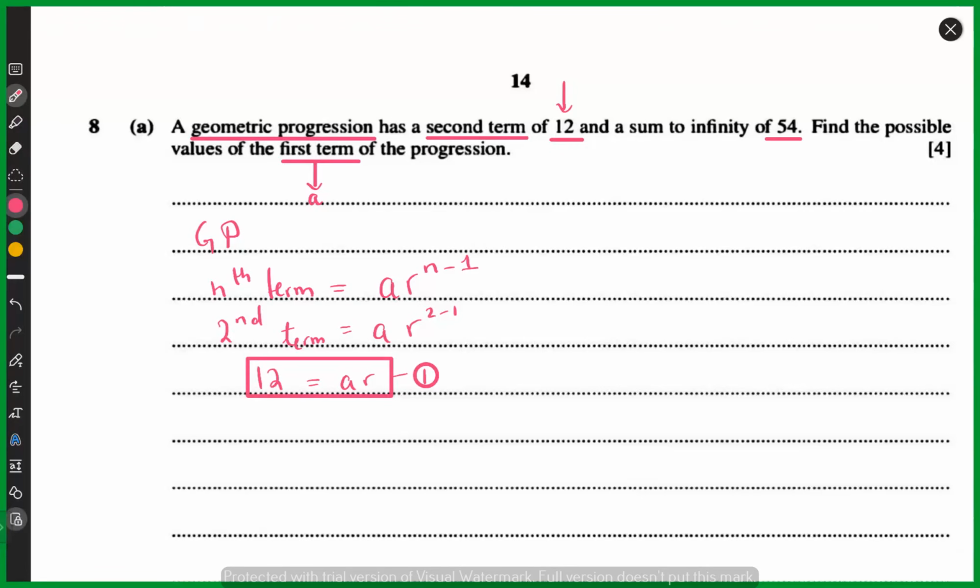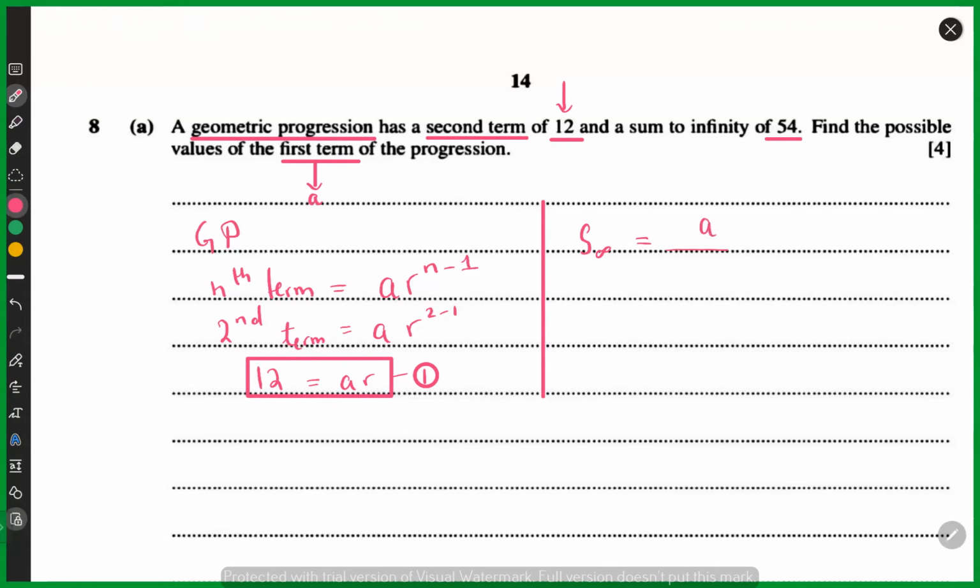Okay, the next piece of information is that a geometric progression has sum to infinity of 54. So S infinity. We only studied the sum to infinity formula in case of geometric progression, and that was the last formula. And what was the formula? It was a divided by 1 minus r. Very good.